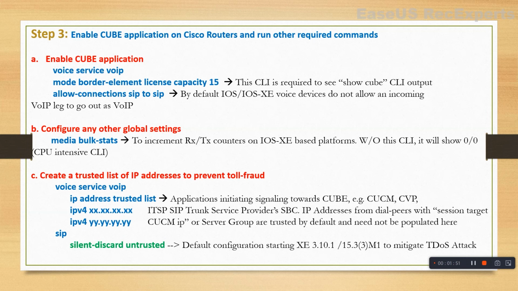If you don't enable media bulk-stats, you won't be able to see the Rx/Tx, the number of packets sent and received under that command. It will be 0 every time. So to troubleshoot voice related issues, please enable media bulk-stats so that you will be able to see the number of packets sent and received when you use those commands, show call active voice brief and all.